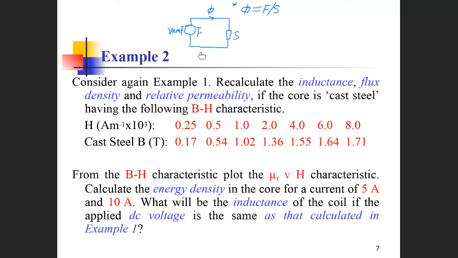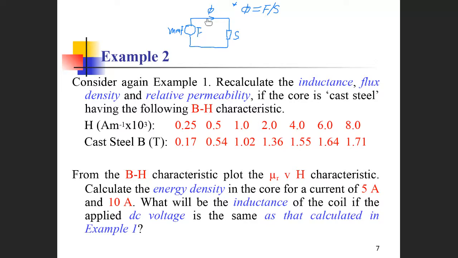This is a simple magnetic field circuit, which involves three components. One is the magnetomotive force, F. The second one is the reluctance, S. The third one is the flux, phi.